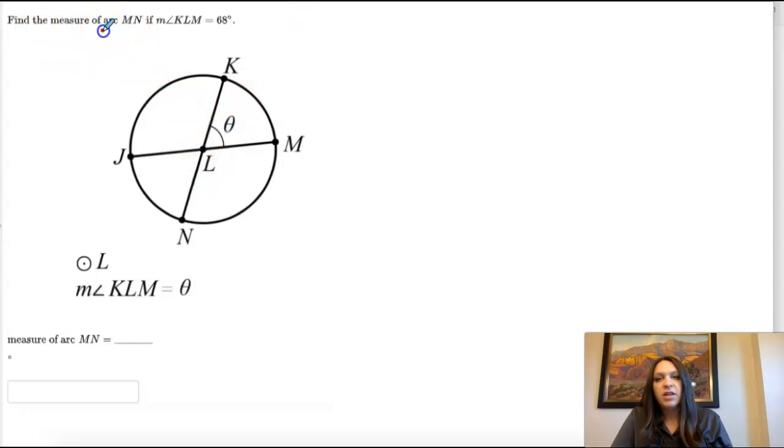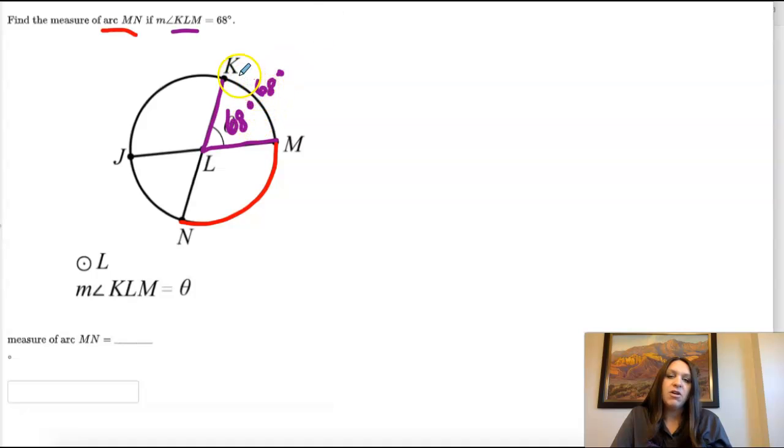Now we're trying to find the arc MN, given the measure of K to L to M, theta, of 68. So if this is 68, the arc length is 68 degrees.